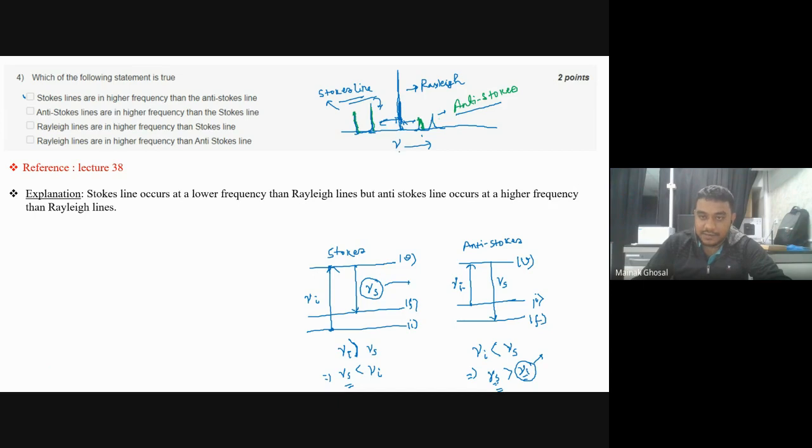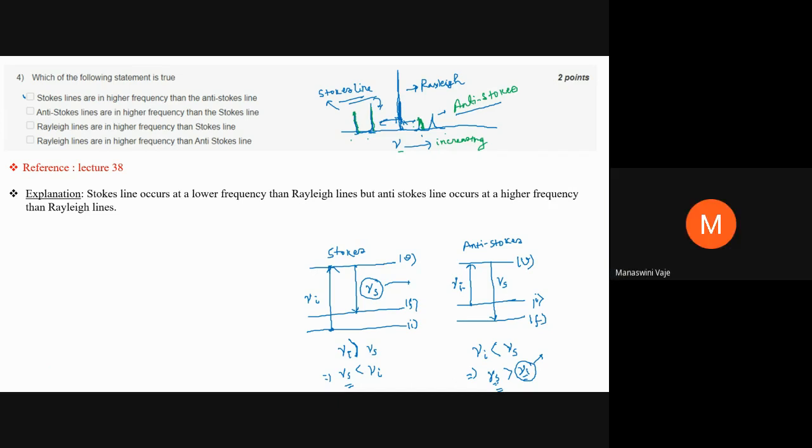And this is the frequency scale. As you go from left to right, your frequency is increasing. So which one among these three lines will have higher frequency?